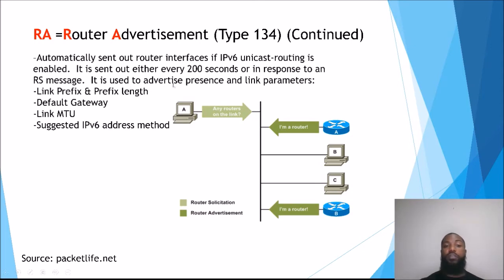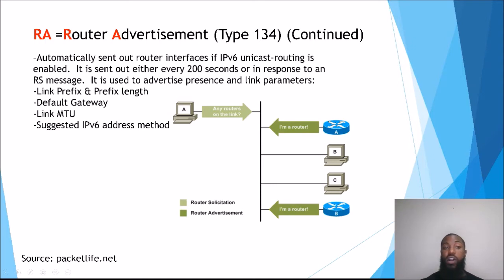There's just a little bit more information on what's in there. Like I said before, it's sent out every 200 seconds. They're automatically sent out of router interfaces if IPv6 unicast routing is enabled. As soon as you type in this command on a router, you essentially turn on IPv6, and then you're going to start sending out advertisements every 200 seconds, right?